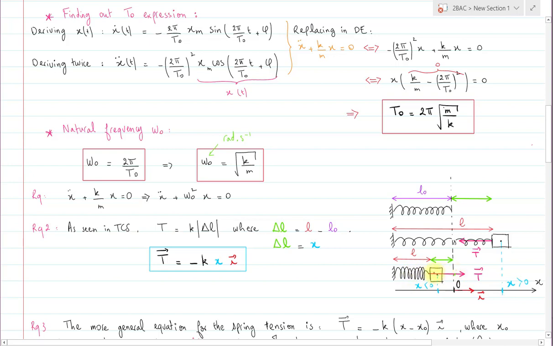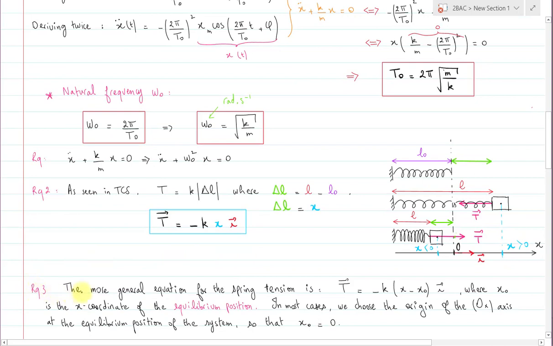In this case, the spring will apply a force T in this direction. T will have the same direction as i. Therefore, since x is negative, negative with negative cancel each other, and we get a positive value, meaning that T is in the same direction as i.